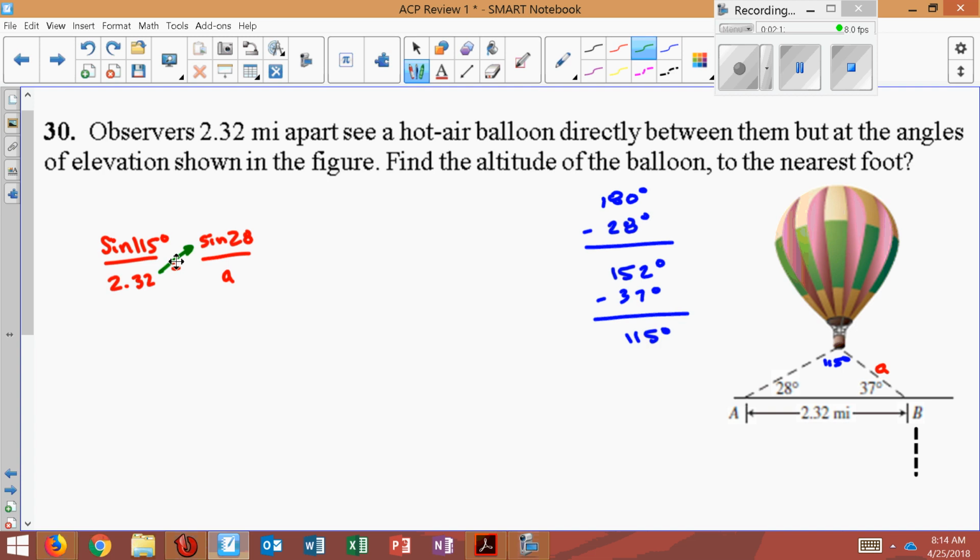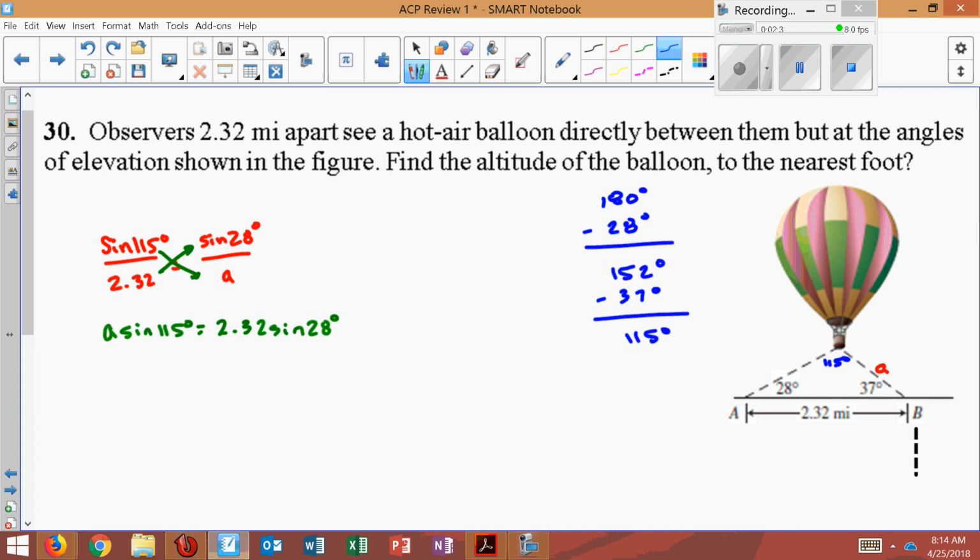Now to solve this, we either do a butterfly method or cross multiply divide, whichever way you would call that. And you could also solve in the calculator. But we would come up with this relationship after we cross multiplied. And I forgot the degree symbol right there.